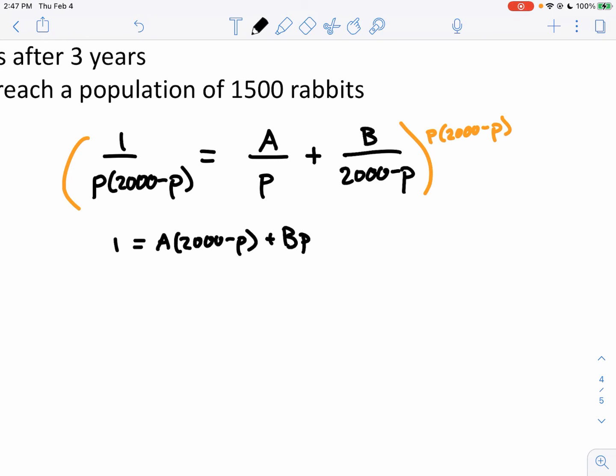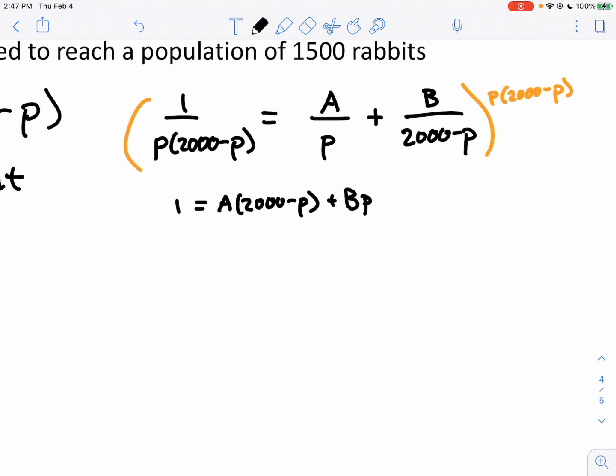Now I'm going to plug in different values of P and solve for A and B. So let's let P be 0. That seems like a good choice because it'll cancel this term right there. So we get 1 is equal to 2000 times A. That tells us that A has to be 1 over 2000.